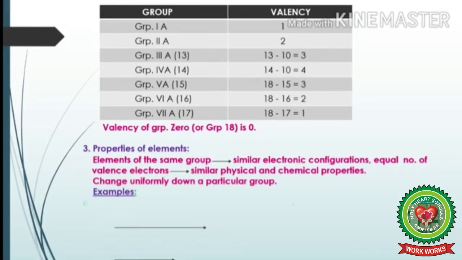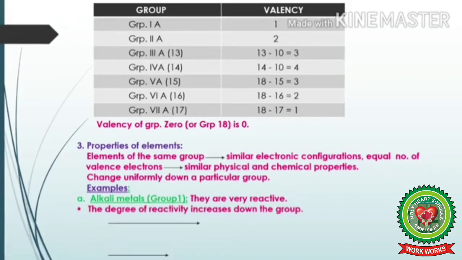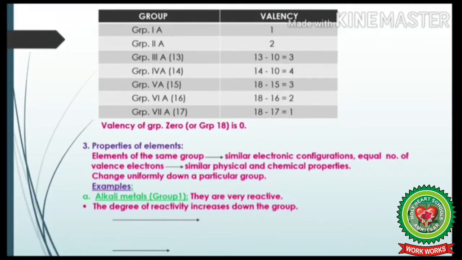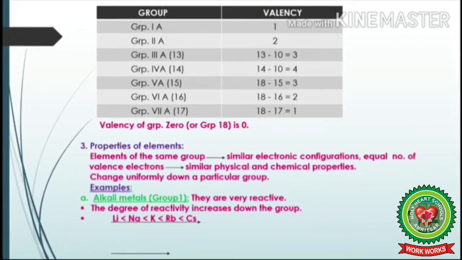For example, the first one is alkali metals or group 1. Alkali metals are very reactive and the degree of reactivity increases down the group. For example, lithium will be least reactive and cesium will be most reactive.